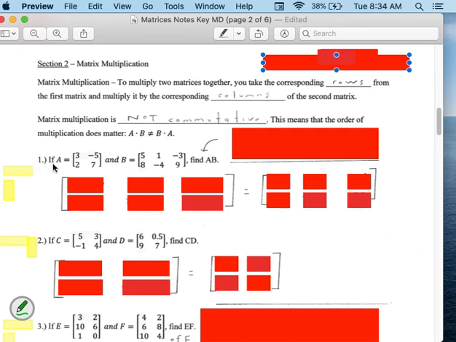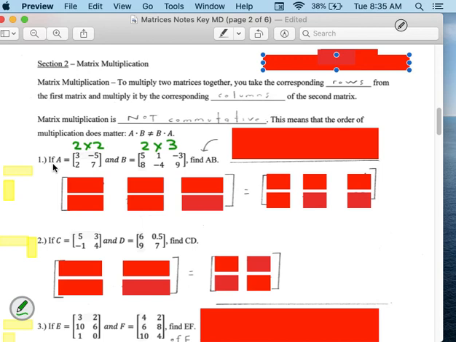First of all, what is the size of this matrix? It's 2 by 2. And the size of this matrix is 2 by 3. So you have to take the corresponding rows of the first matrix times the corresponding columns, so that you can actually multiply them together.